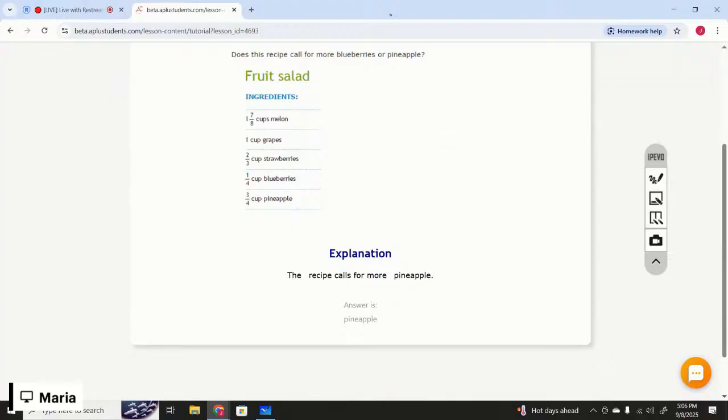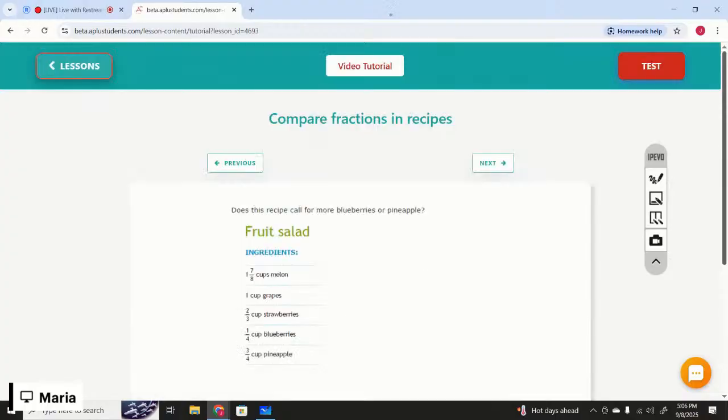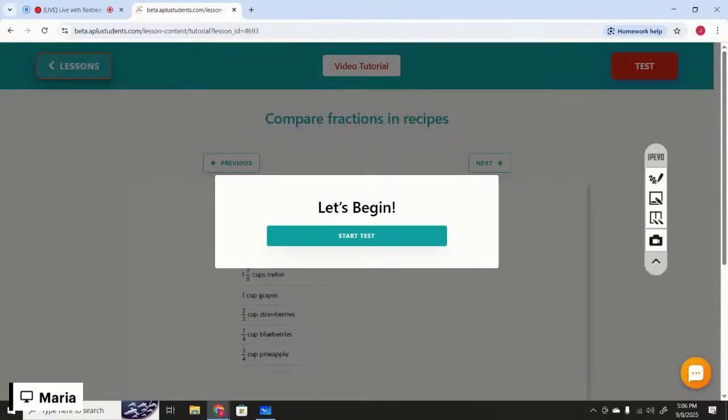Blueberries are 1/4 cup and pineapple is 3/4 cup. So pineapple is more than blueberries, so the recipe calls for more pineapple. Let's just start with the test questions.